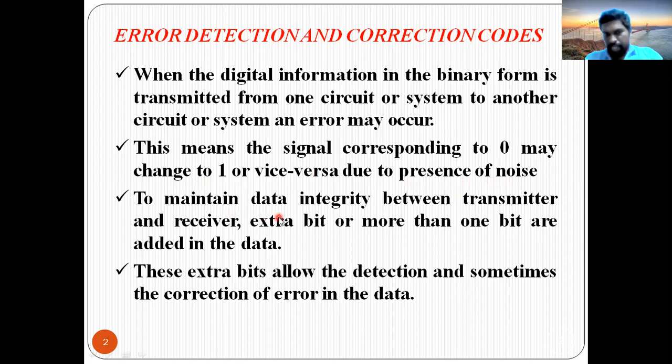So in order to maintain the data integrity between the transmitter and receiver, we will add some extra bits, okay, to the original data, and these extra bits will allow both detection as well as correction of the errors present in the transmission. Okay, next.